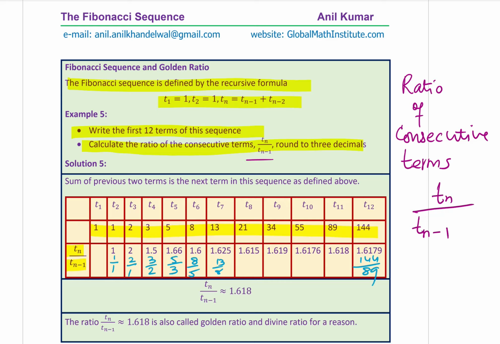Use a calculator, round your answer to 3 decimal places. So when you do that, you will observe that the value is approaching 1.618, right? So the value which we approach is 1.618 as shown here, right? So that's the value which we approach. That value is of great significance.